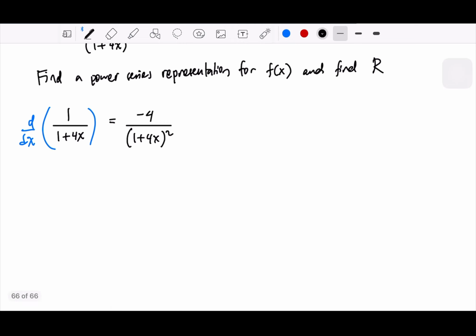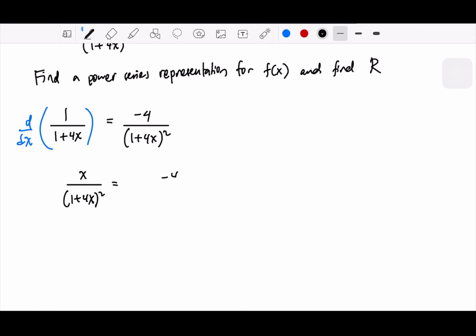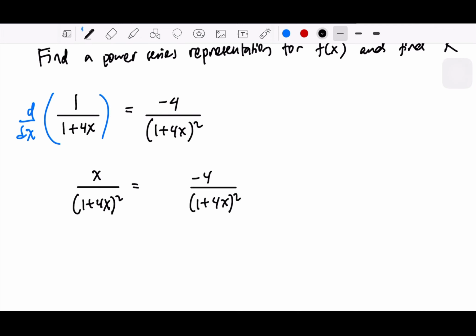So first we can write that this is the intended function. And then we can write, let me write here, this is our result from the derivative. Okay. To make it happen, then we can multiply with this.